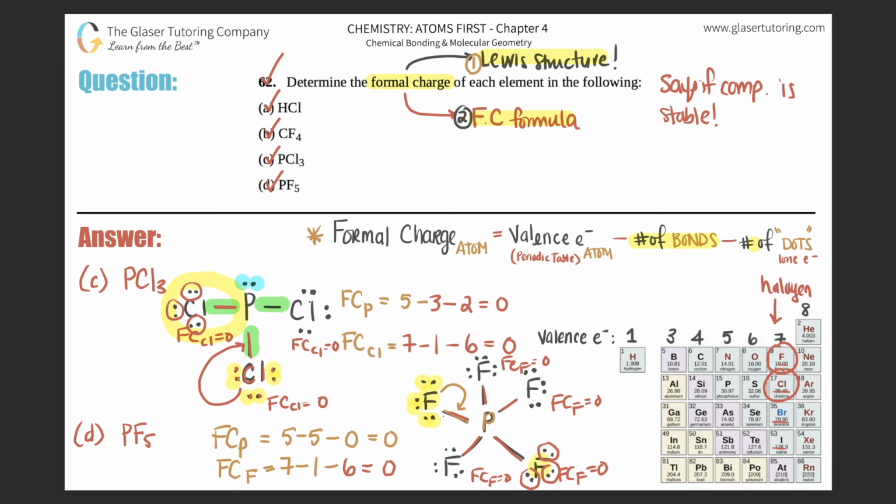It will always be stable. That's what we have to take away from this exercise. So yeah, we could do the math, but understand that groups have these similar properties. So if you know that one bond and 3 lone pairs would be neutral for fluorine, it's going to be neutral for chlorine because it's in the same group. And that's the takeaway from this.